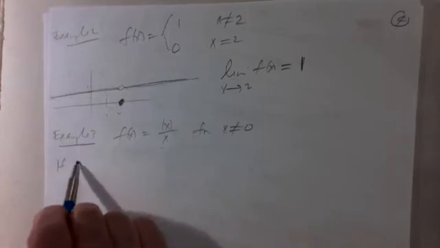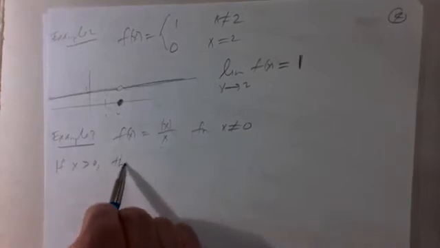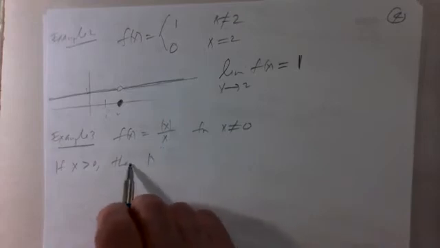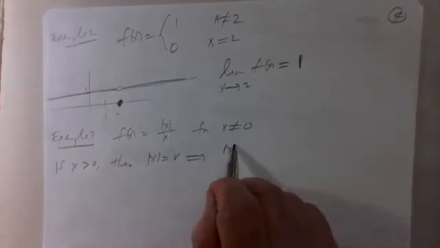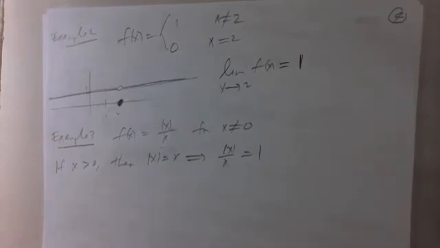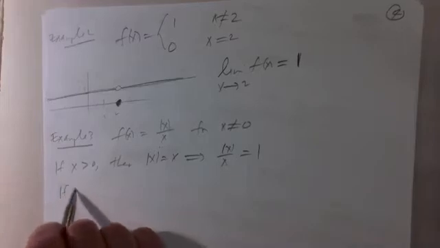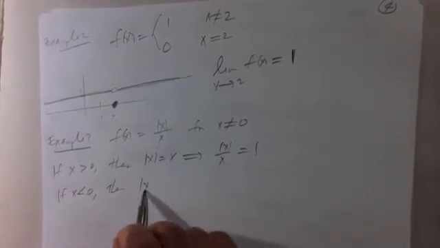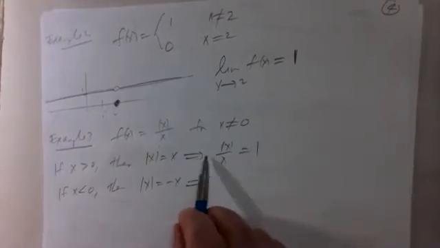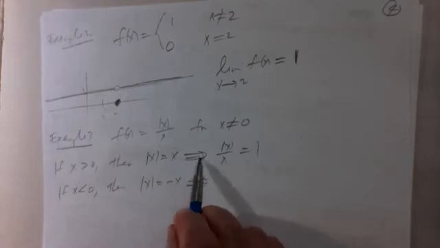What does the graph of this function look like? If x is greater than 0, then the absolute value of x equals x. So the absolute value of x over x is 1. If x is less than 0, then the absolute value of x is minus x. This double arrow means implies.